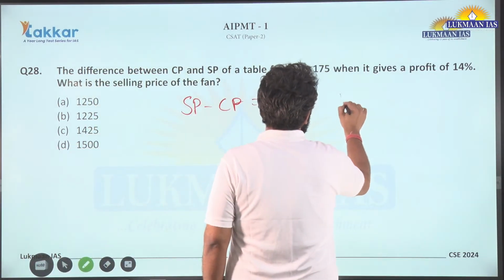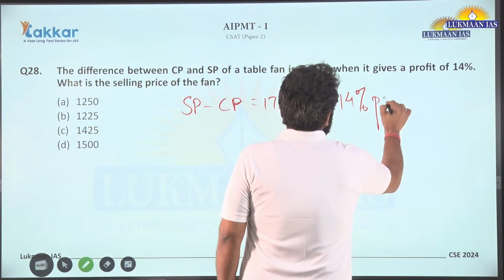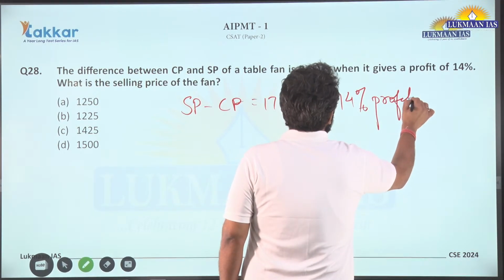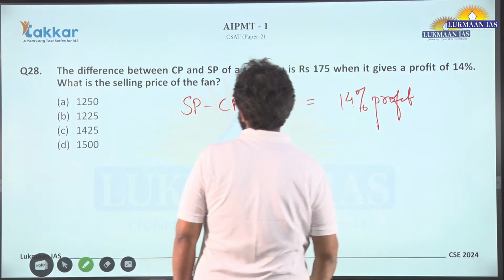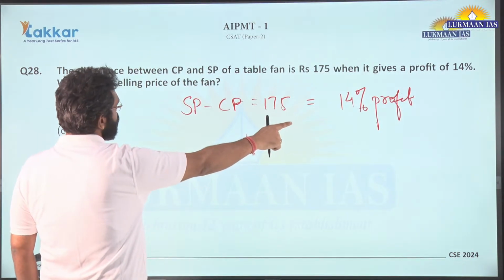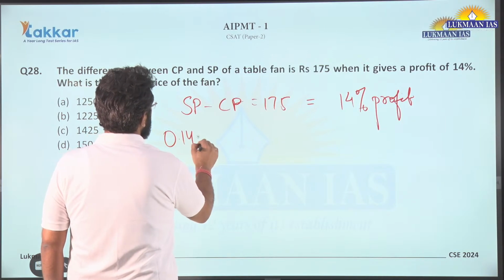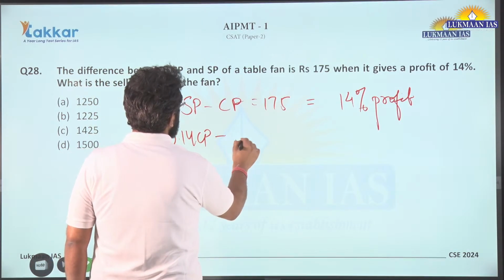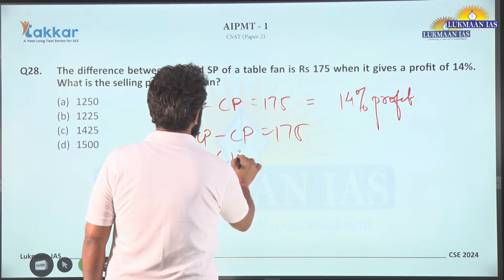Okay, so 14% profit is actually 175 rupees. So selling price is more than the cost price, which is why it is giving 14% profit. So we can find the cost price.